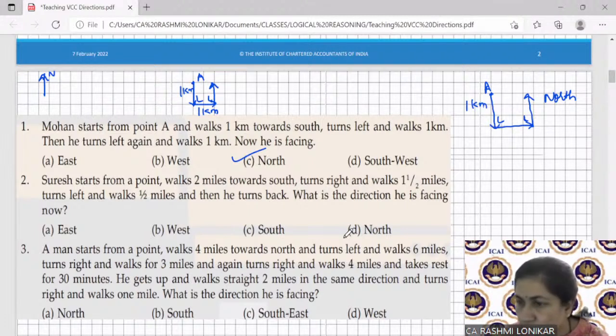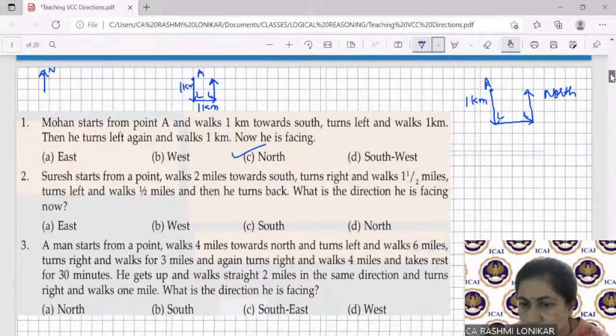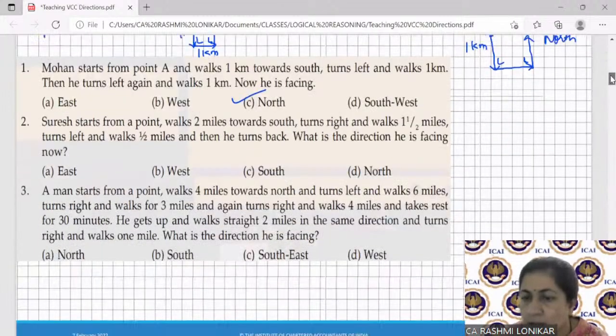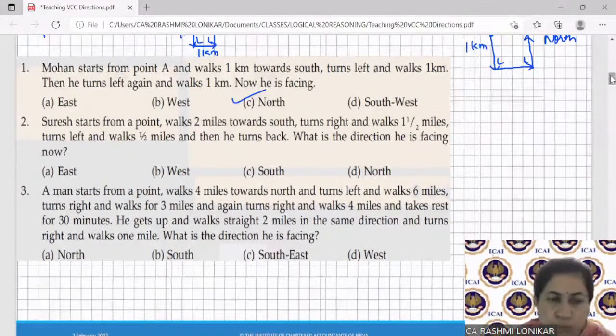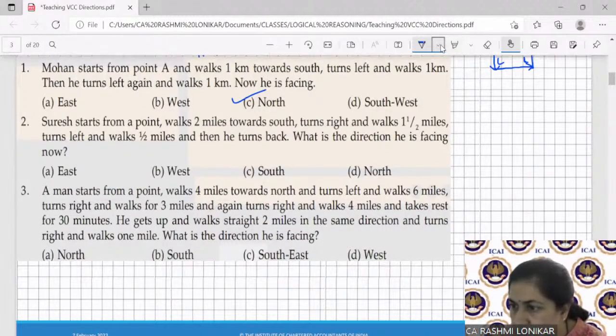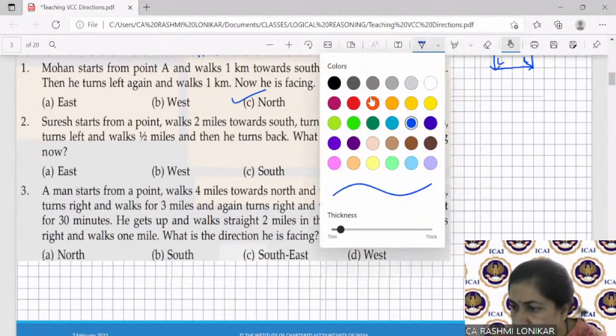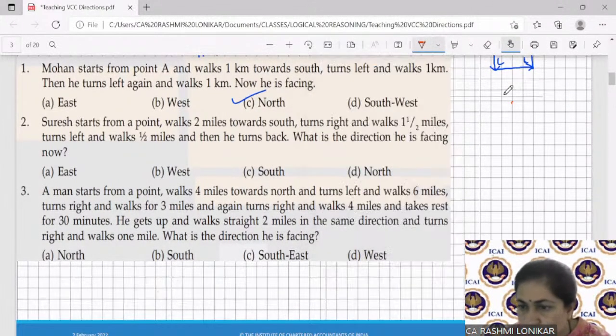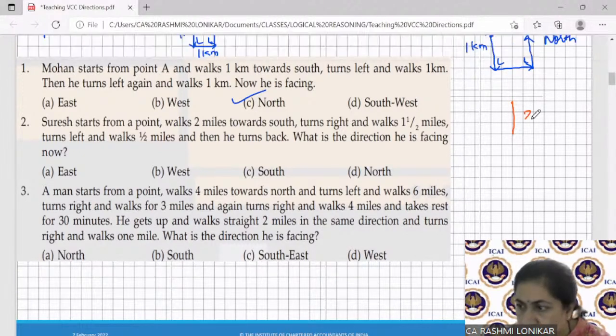Now let us go to the next sum, the second sum. Suresh starts from a point and walks 2 miles towards the south.